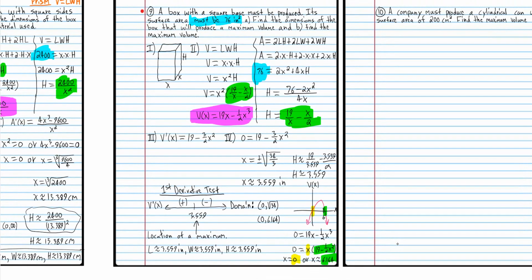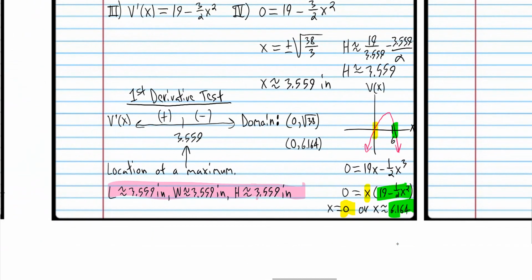But that's not the only thing that we're supposed to do. So we found the dimensions of the box that produce the maximum volume, but we also have to do the orange part there, find the maximum volume. We haven't done that yet, but that's pretty easy.